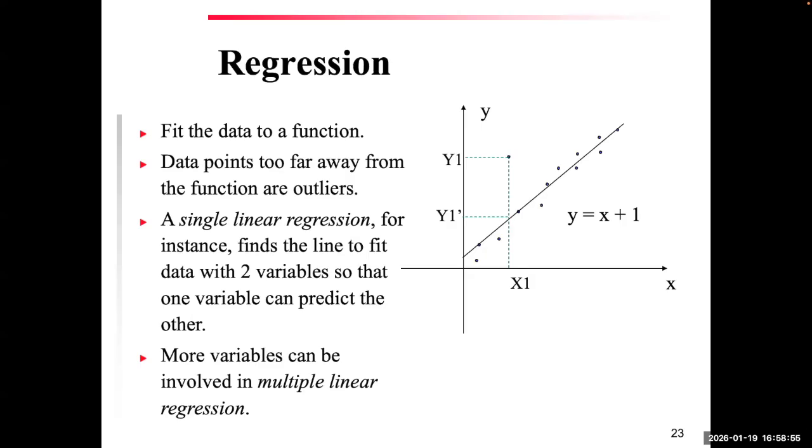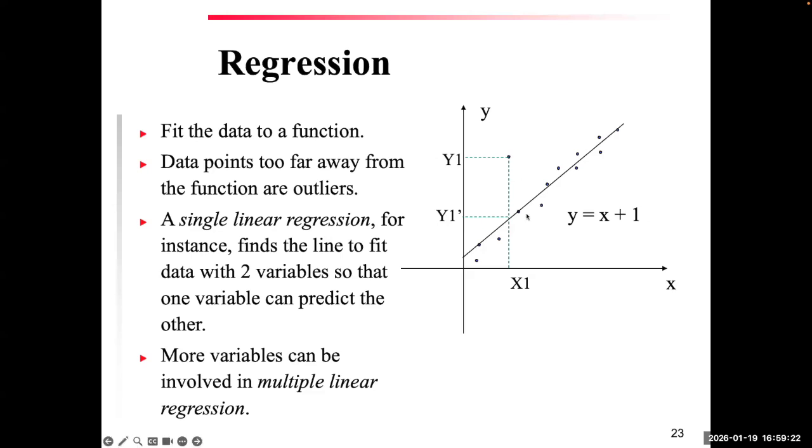If that's the case, then this is a single linear regression. But what if you want to predict salary not only based on years of experience, but also more features like gender, level of education, and so on? Then in that case, it will be multiple linear regression. So if you have multiple inputs, one output, then it will be multiple linear regression.